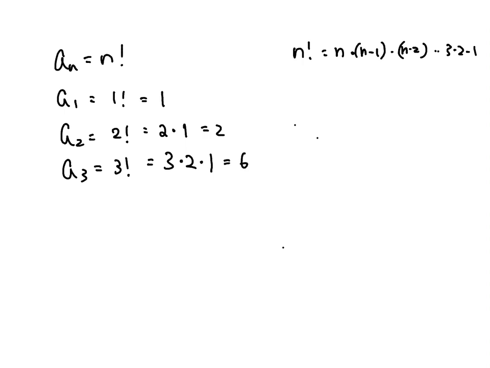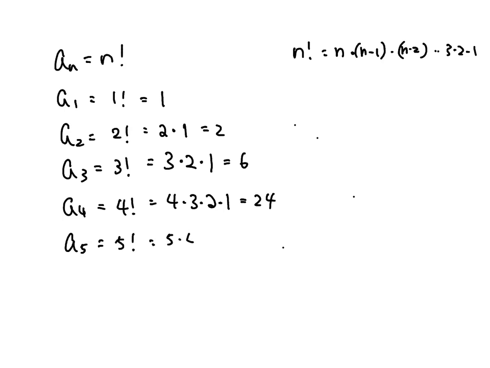So this is 6. A sub 4 is 4 factorial, which is 4 times 3 times 2 times 1, stopping at 1, so this is 24. And a sub 5 is 5 factorial, which is 5 times 4 times 3 times 2 times 1, which is 120.